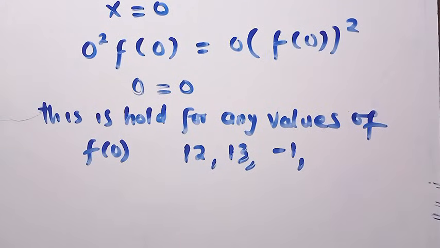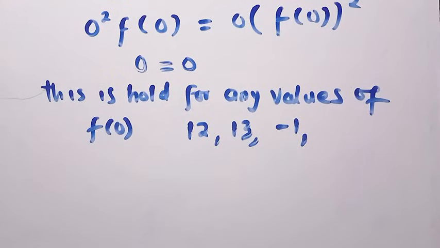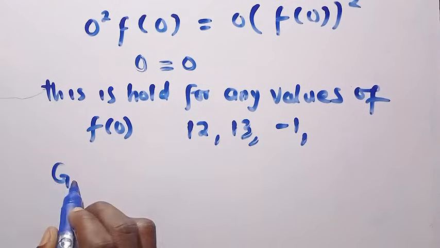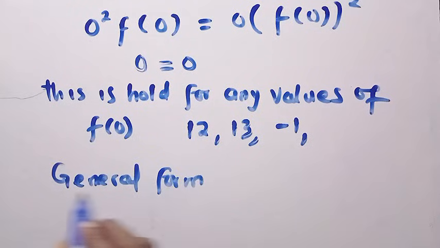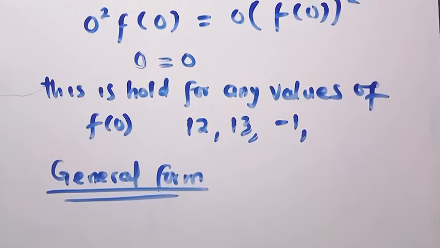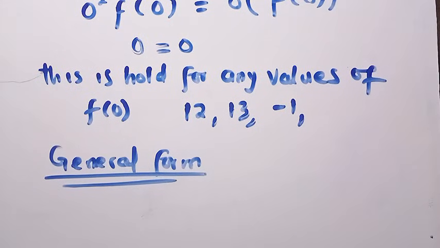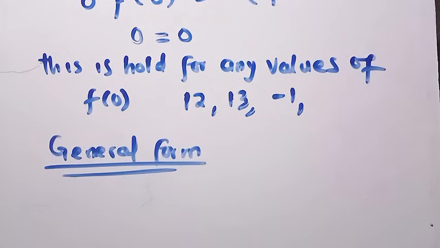And again, let me consider the general form, to make it applicable to every form of these equations. We consider the first one as when x is not equal to 0.